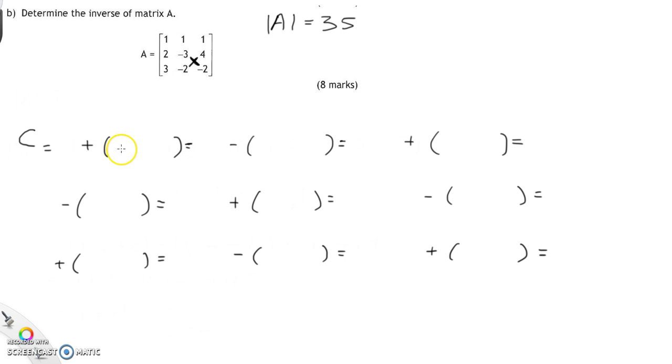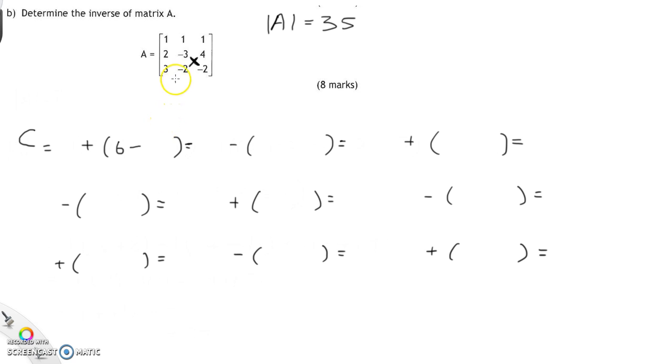So the top one, we're looking here at 1 again, so like the determinant, something similar to the determinant. Minus 3 times minus 2 is plus 6.